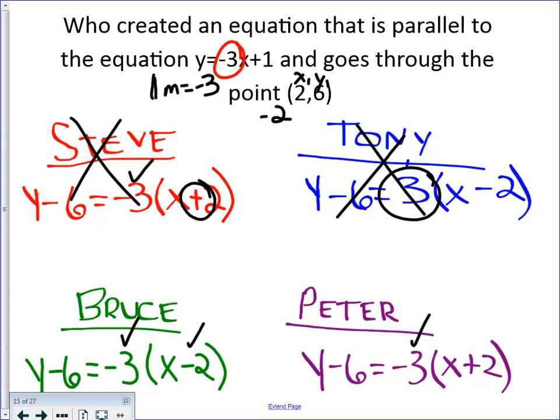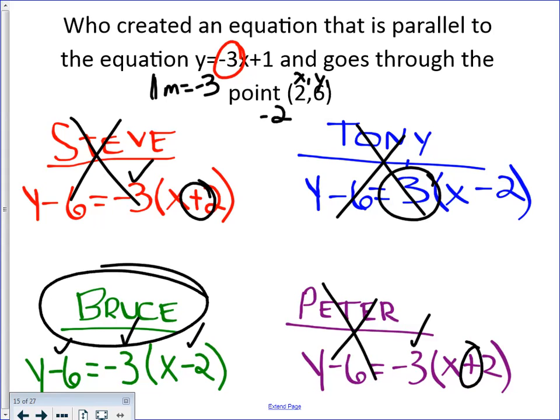Peter, on the other hand, was like Steve. He did not do x minus 2 like we wanted. So Peter didn't do it right either. But Bruce, if I check him on the last part, he's supposed to have a negative 6, and he does here, which means Bruce did do this correctly.